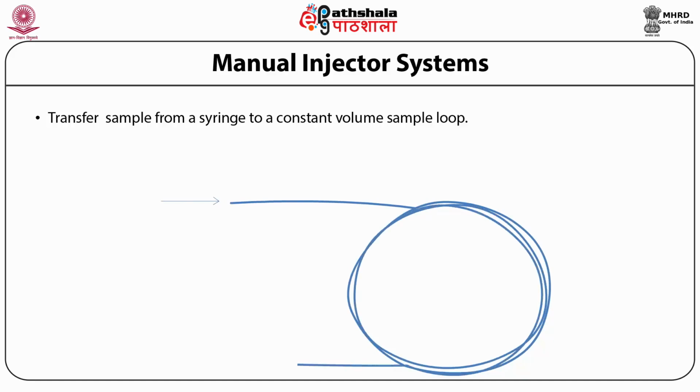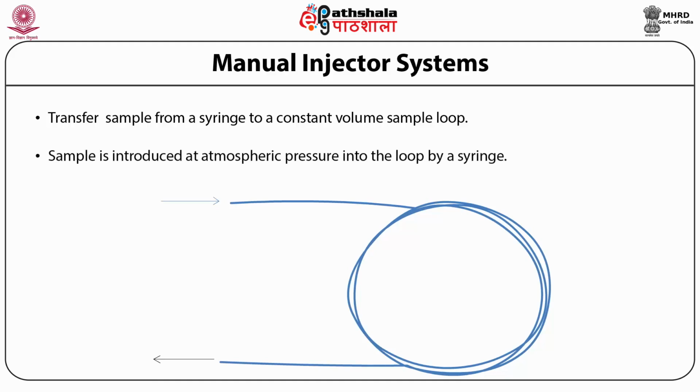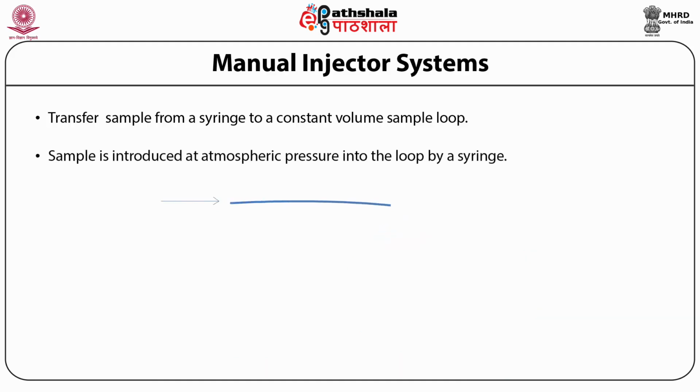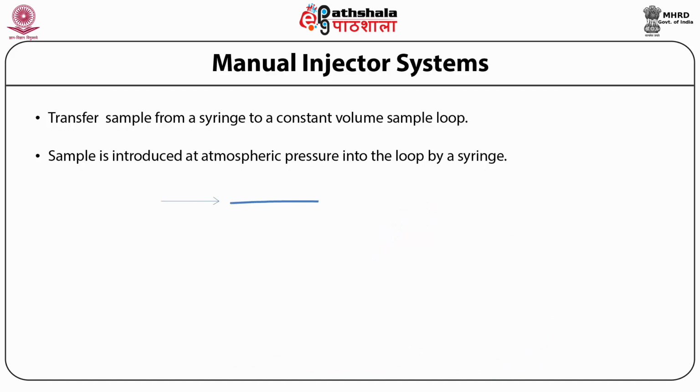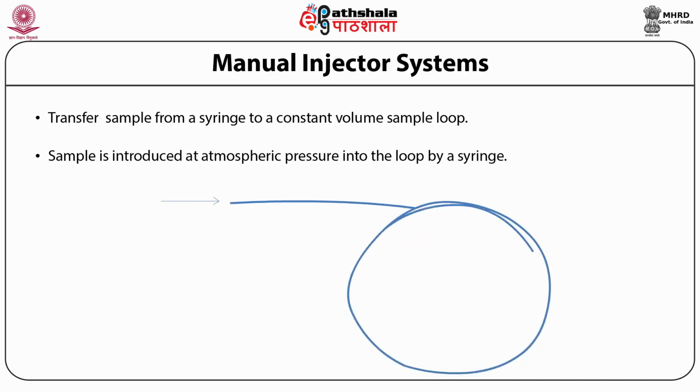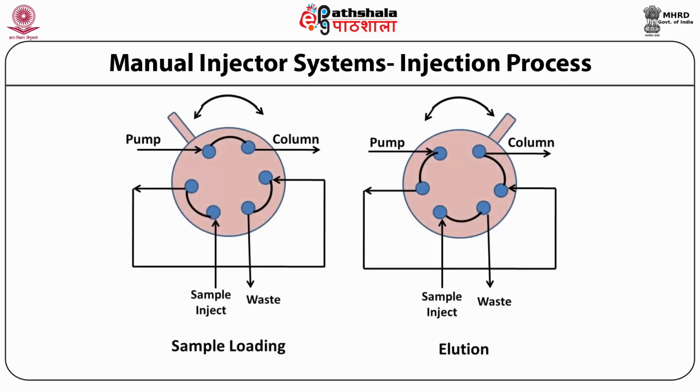When excess of sample is injected into the loop, for example 30 microliters in a loop of 20 microliter capacity, then only the stipulated volume, that is 20 microliters, is passed into the column and the excess is drained out.